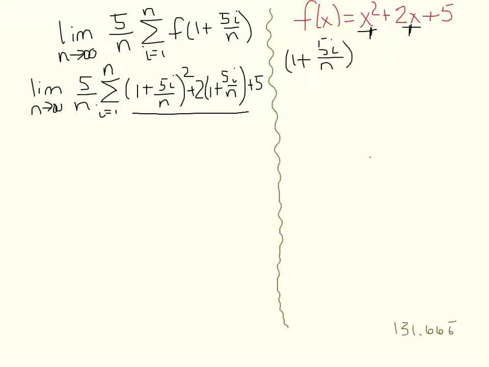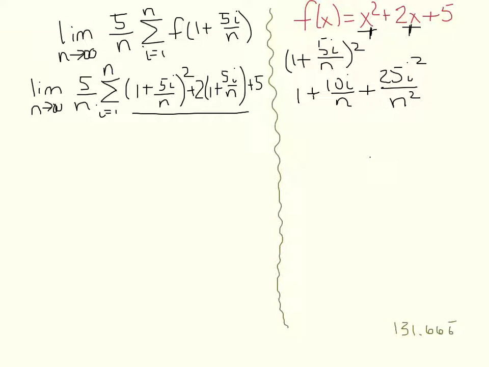Well, 1 plus 5i over n squared is 1 plus 10i over n, because I have two 5i over n's, and then plus 5i over n squared, which is 25i squared over n squared.